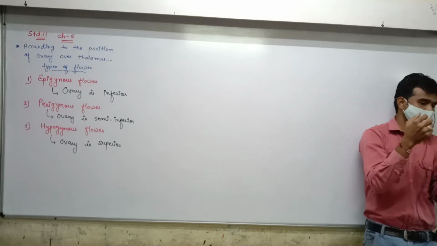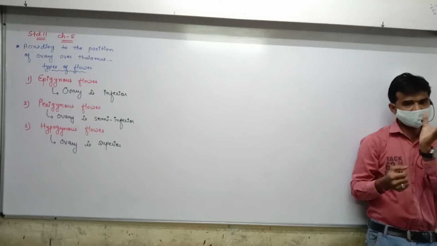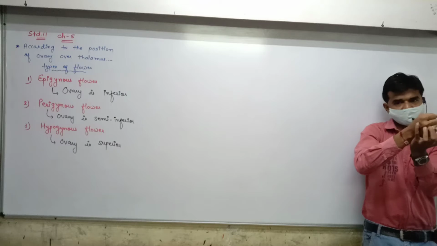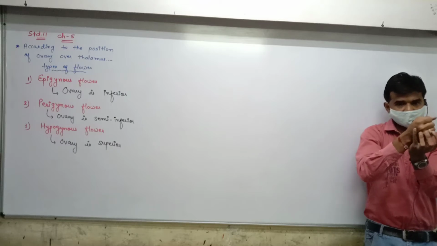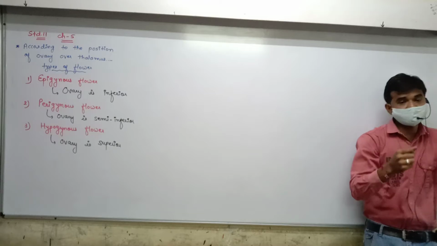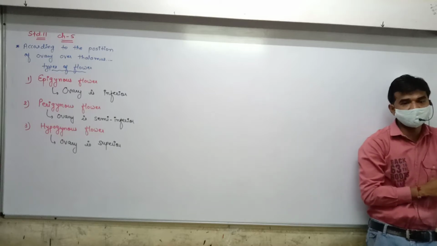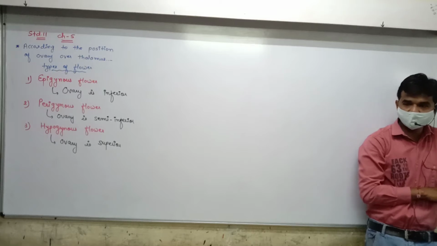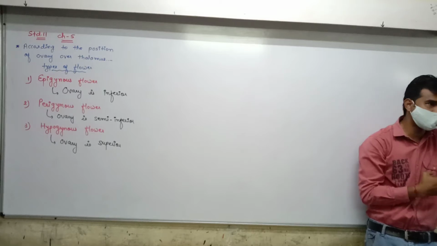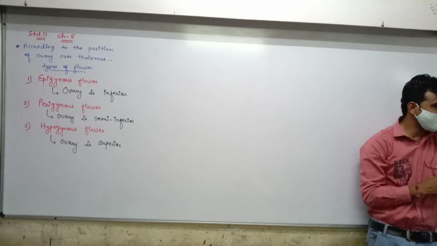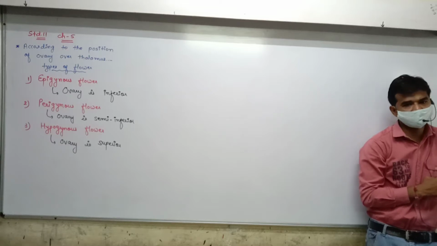Second, the thalamus is cup-like in shape, and half of the ovary is covered by the thalamus and half is outside of it. This is known as semi-inferior ovary. Semi-inferior ovary means half the ovary is covered by the thalamus and half is outside. It is known as perigynous flower.